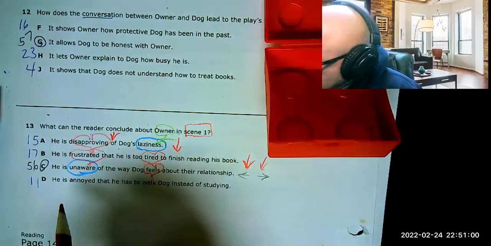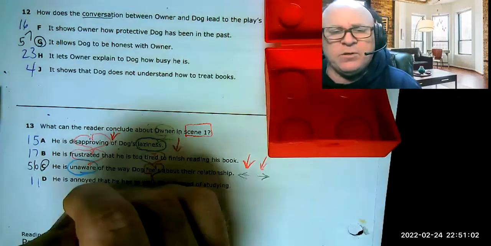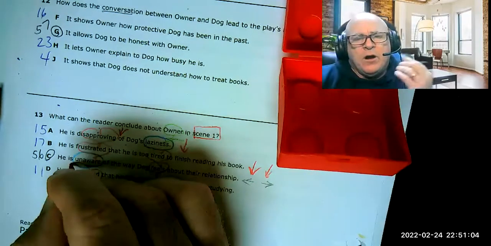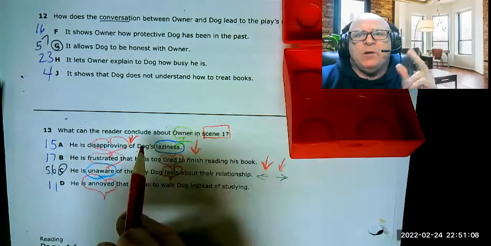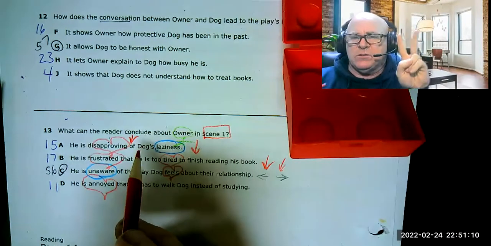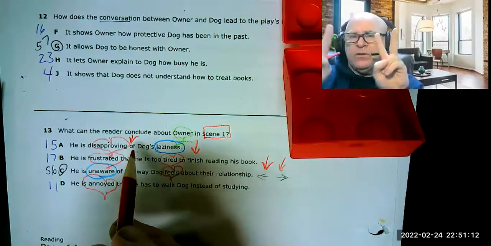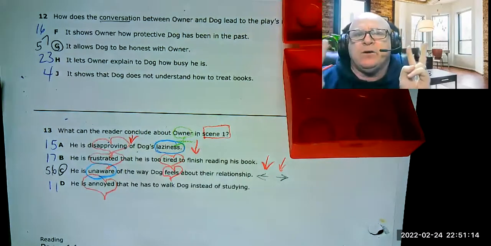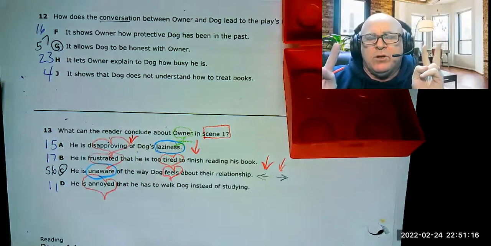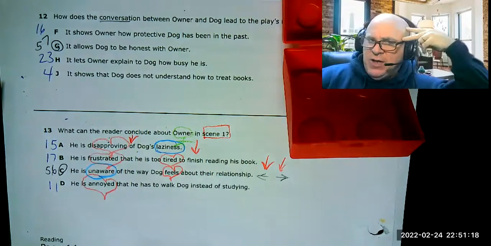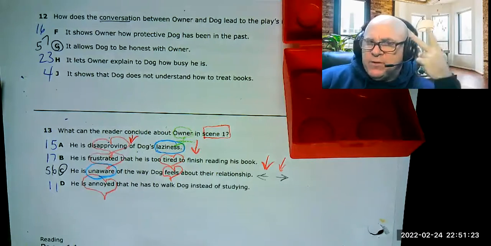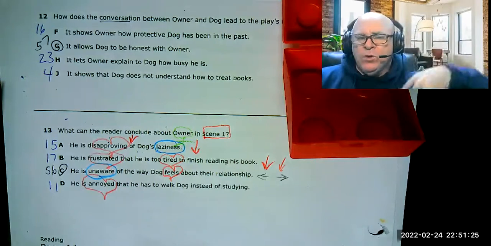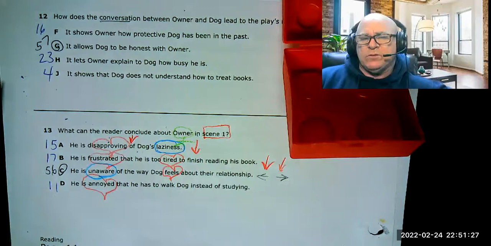So what the test people are trying to figure out is, are students able to determine the voice through vocabulary? Your voice is inside your head in terms of thoughts and opinions of the owner, or feelings and emotions.